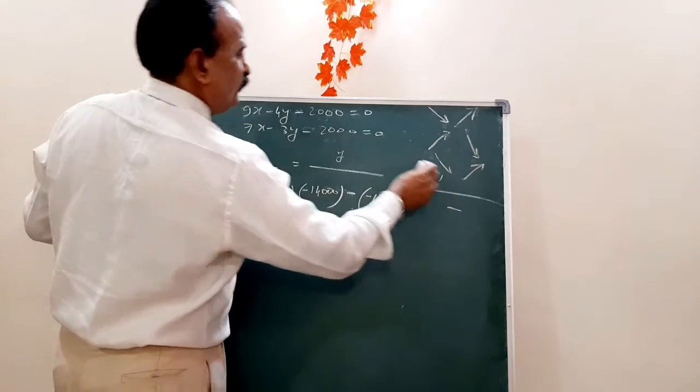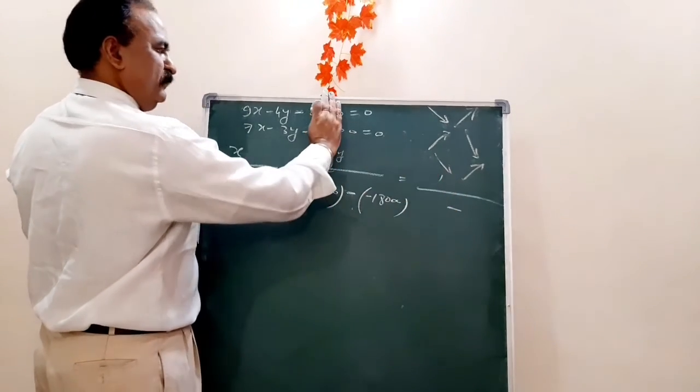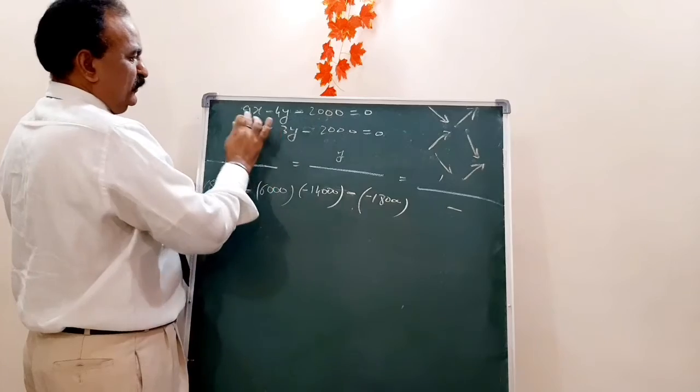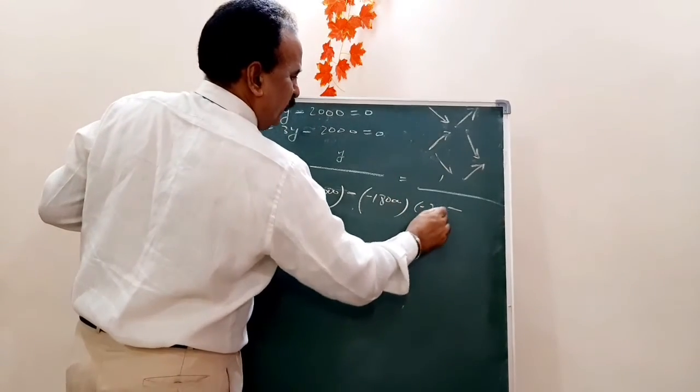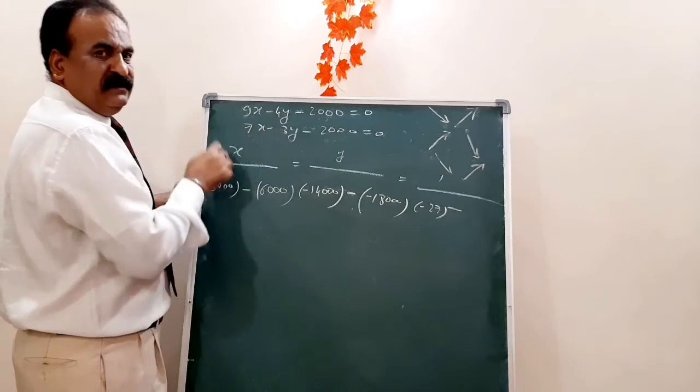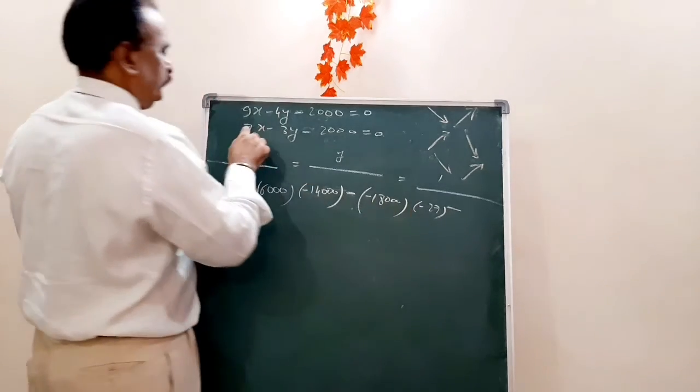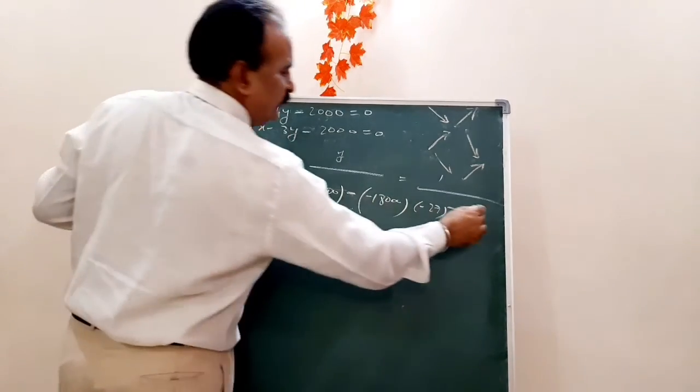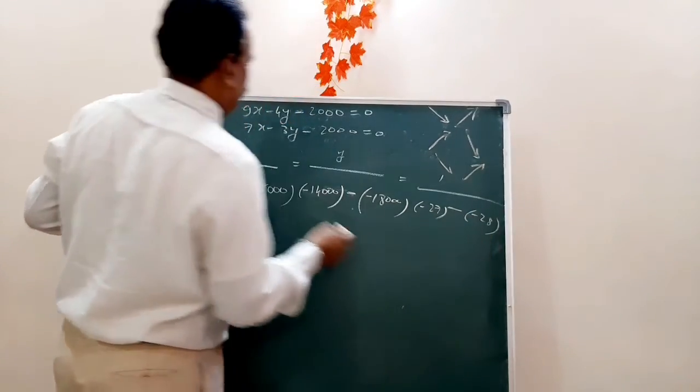Now 1 upon. You have to multiply like this. Close this. This into this, minus 27. And this into this, 7 into minus 4, minus 28.